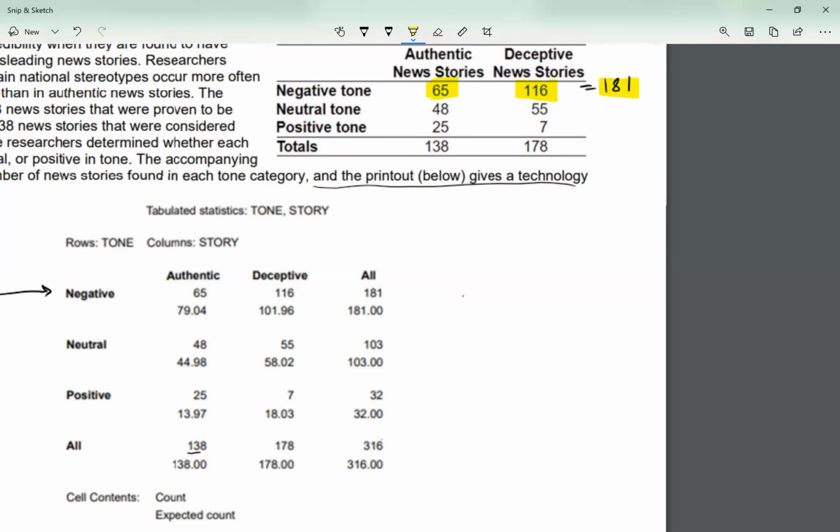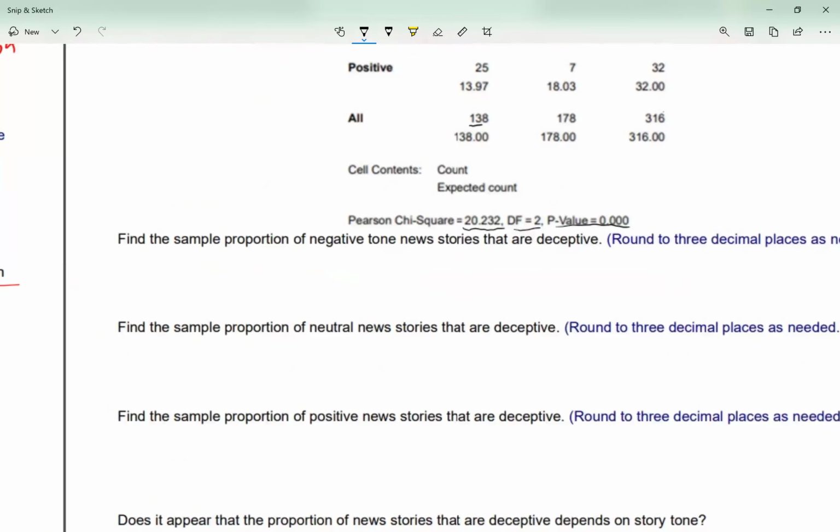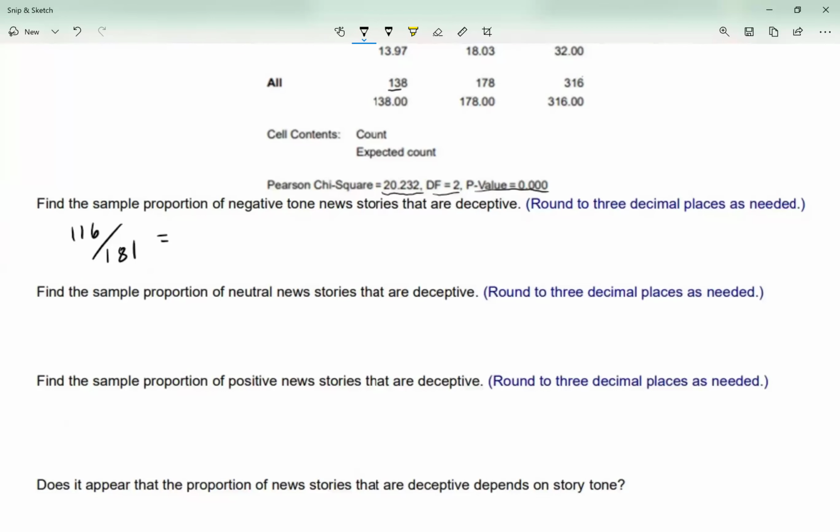There's 116 that were deceptive. There's 181 altogether. So let me just go here, and I'm going to go 116 divided by 181. Now I'm just going to divide this. My answer, it says rounded to 3 decimal places as needed.